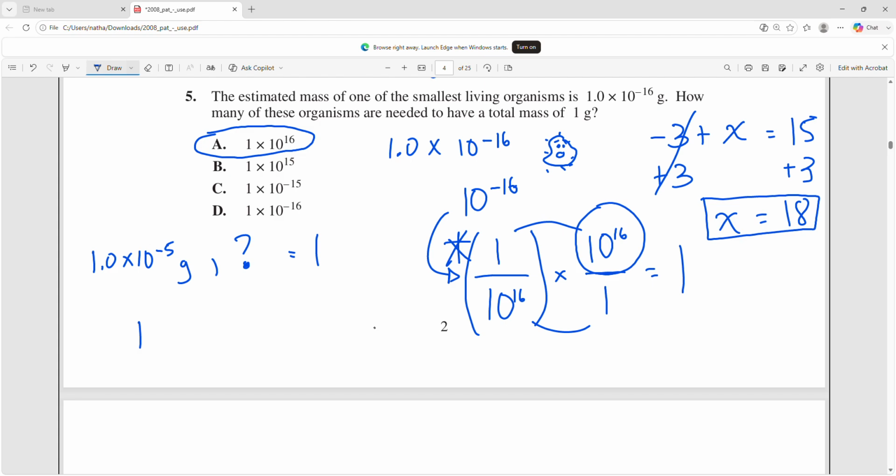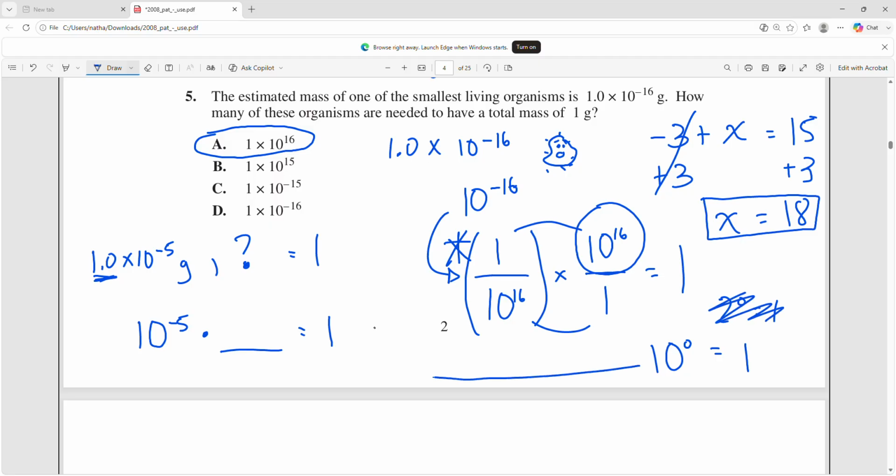Okay, here I just chose to write it as a fraction to see if seeing it that way would help. The other way I could do is like this. I'm just going to write it again. I'm just going to leave out this 1 for now, because I know 1 times anything is the same thing. So I'm just going to write this as 10 to the negative 5. If I multiply that by something, I should get 1. Now remember we said anything to the power of 0 is 1. So what if I was looking to get 10 to the power of 0? 10 to the power of 0 would be 1, right? 2 to the power of 0 is 1. Anything to the power of 0 is 1.